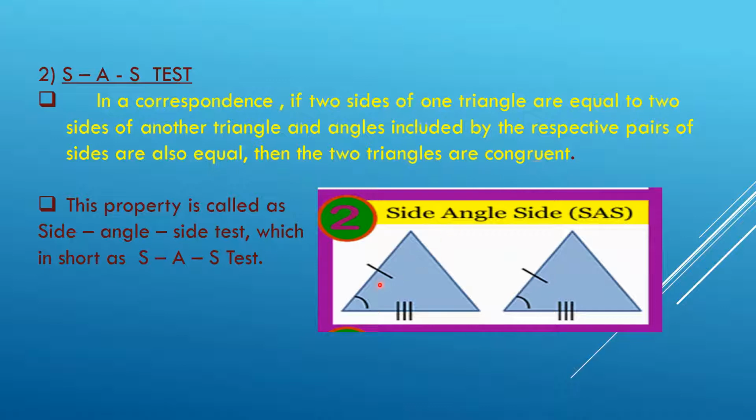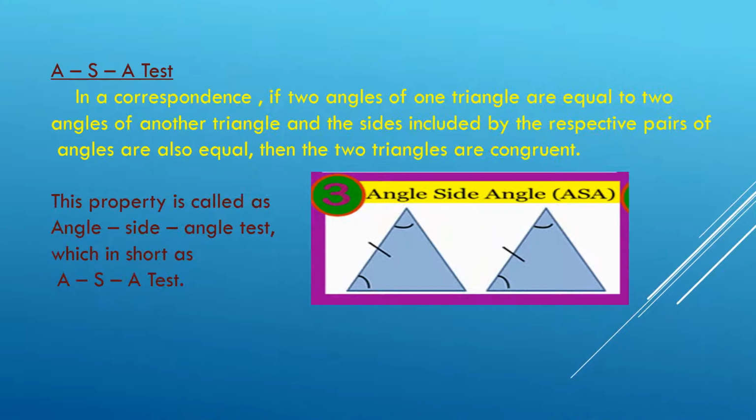Here the two sides and including angle of one triangle are equal to two sides and including angle of another triangle. Therefore, these two triangles are congruent. This property is called the side-angle-side test, in short the SAS test.